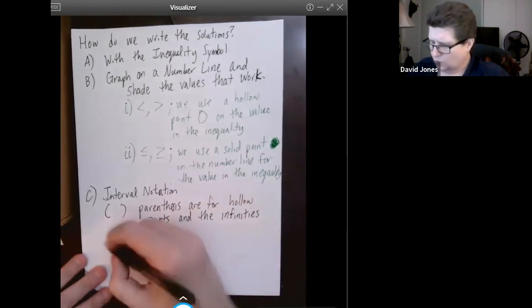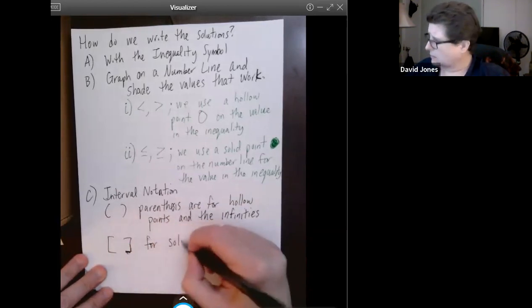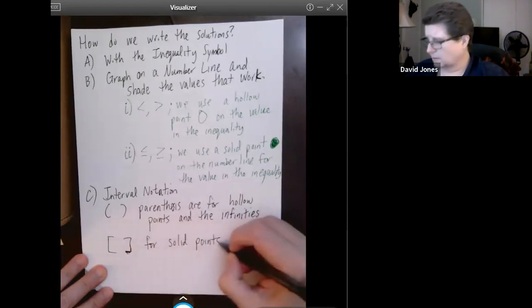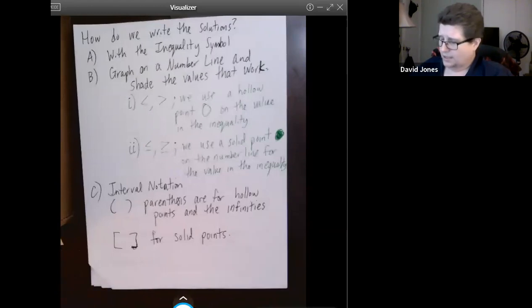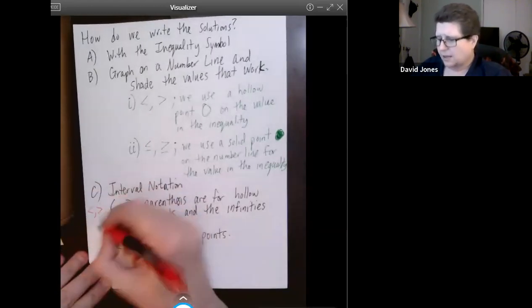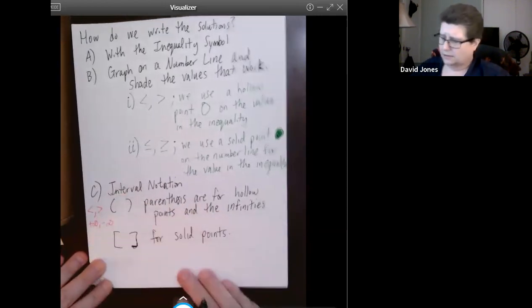And we will use brackets for solid points. And so the parentheses are for less than, greater than, positive infinity, and negative infinity.